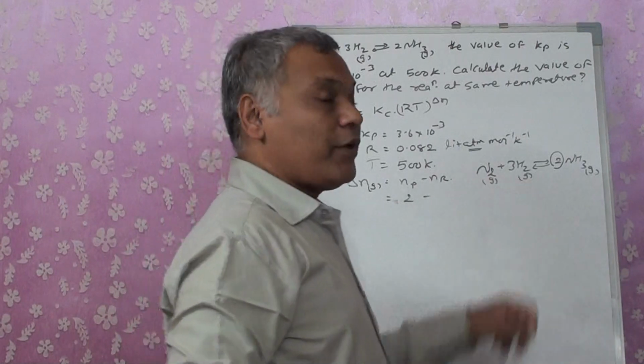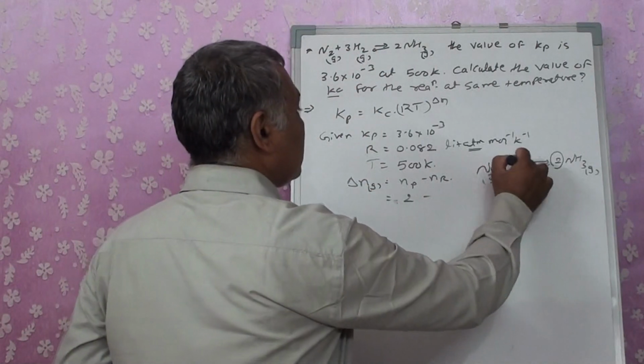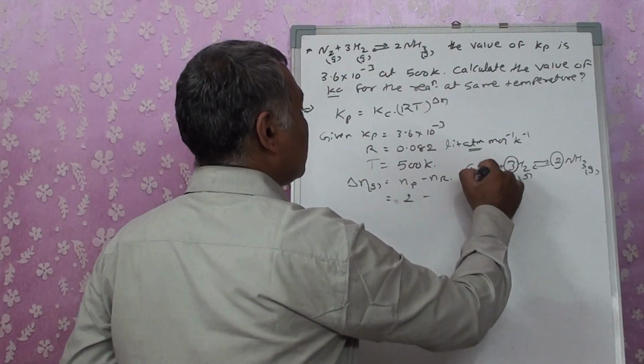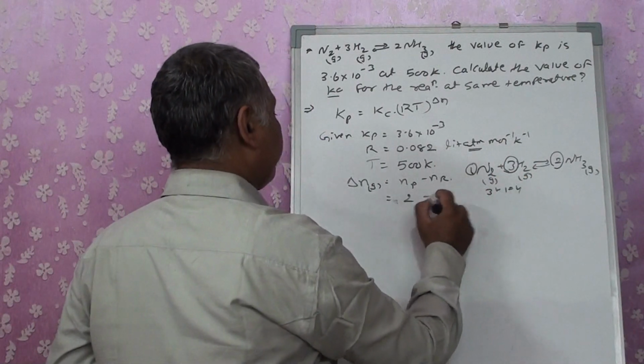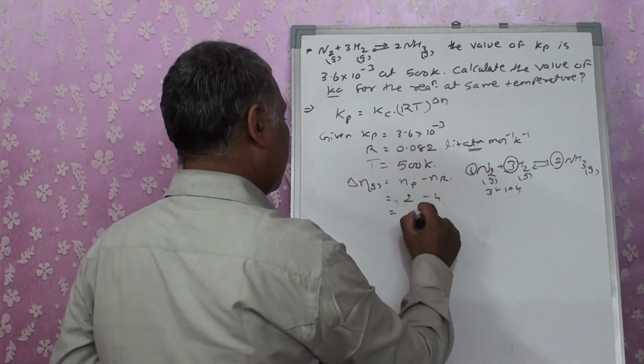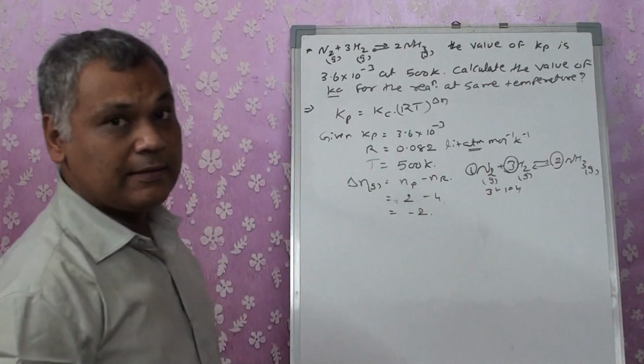For the reactants, N2 and H2, we get 3 plus 1, 4. So we will be getting delta n as minus 2.